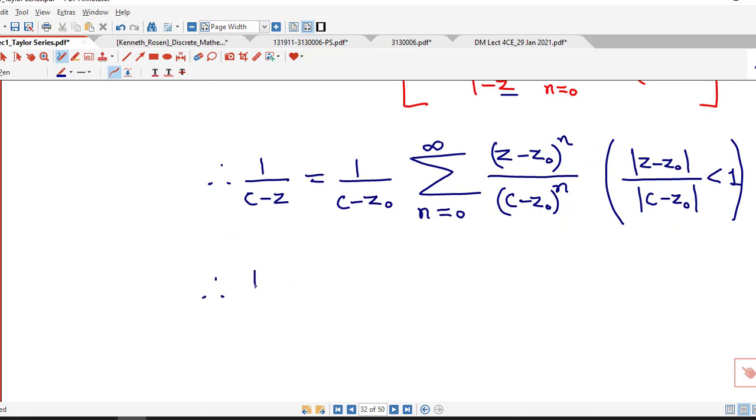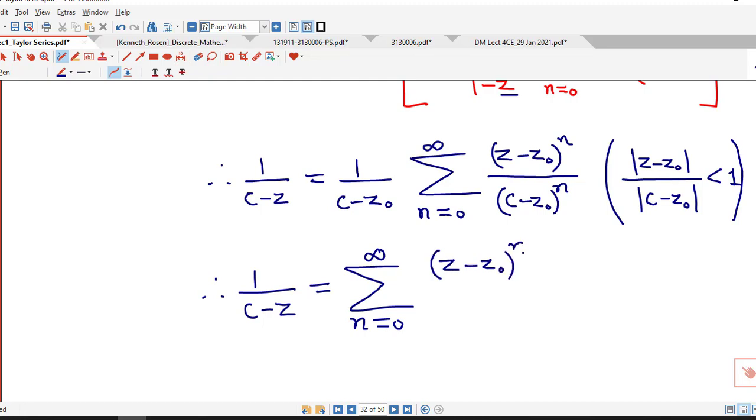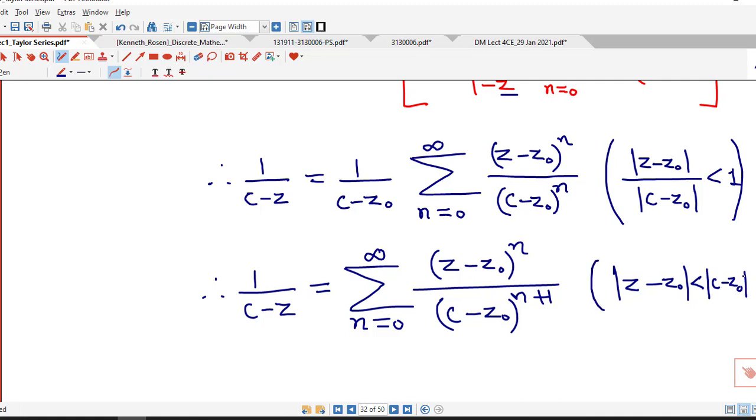Therefore we can take this 1 upon c minus z0 inside the bracket because it is independent of n. So we obtain z minus z0 to the power n divided by c minus z0 to the power n plus 1, and the condition can be rewritten as absolute value of z minus z0 is less than absolute value of c minus z0.